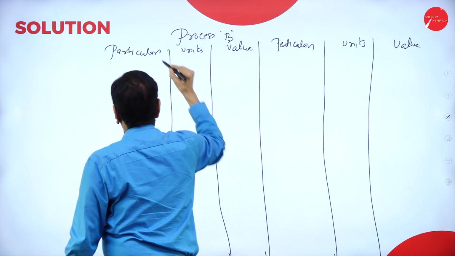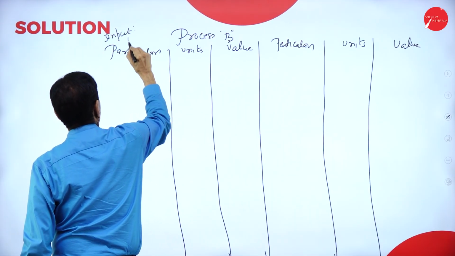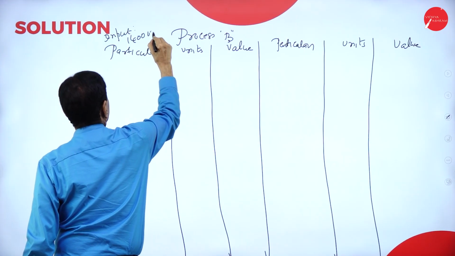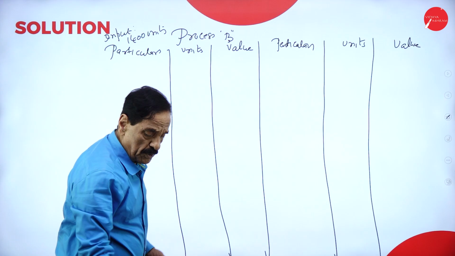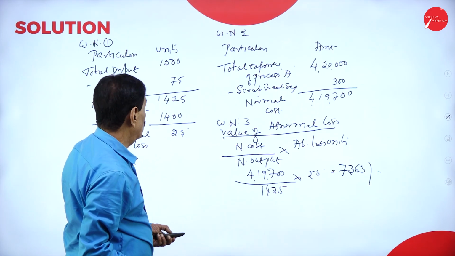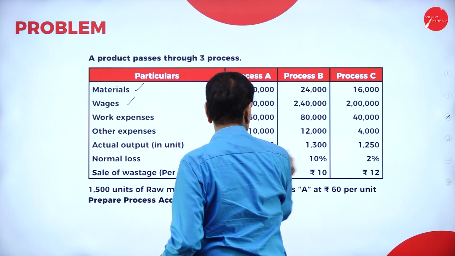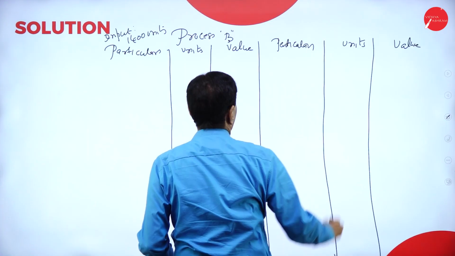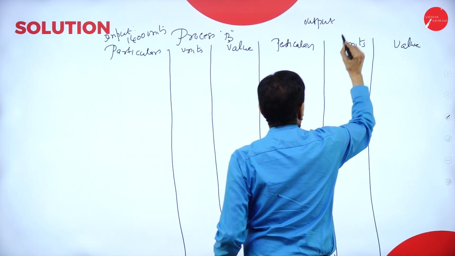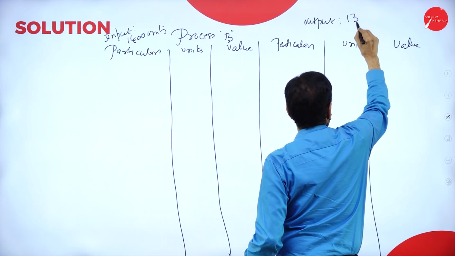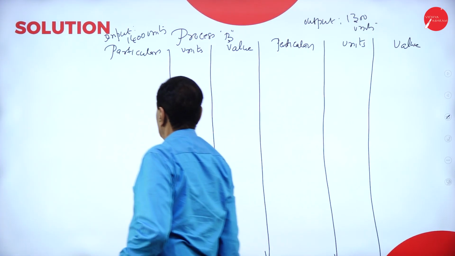Now, your input is 1,400 units. The output of process A becomes the input for process B. What's your output now? Here, 1,300 output. 1,300 units.